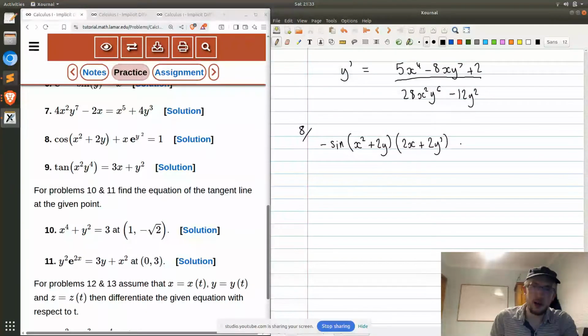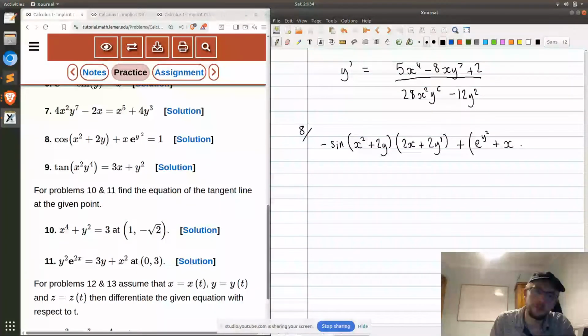And then we have a product. So first, differentiate the first function, leave the second one alone. So e to the y squared. And then differentiate the second function and leave the first one alone. So x, what's the derivative of this?